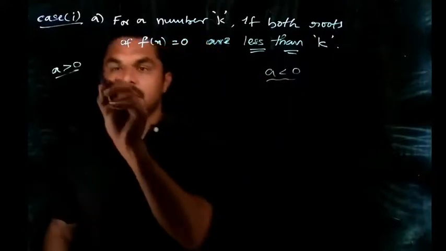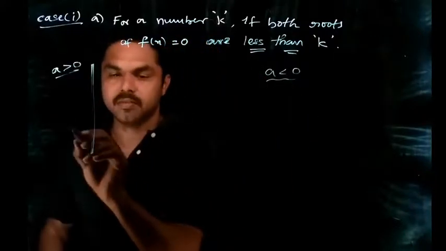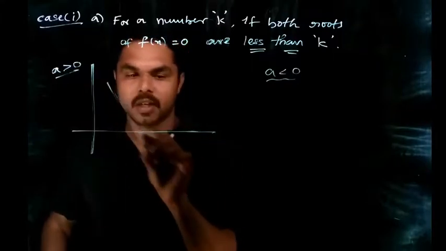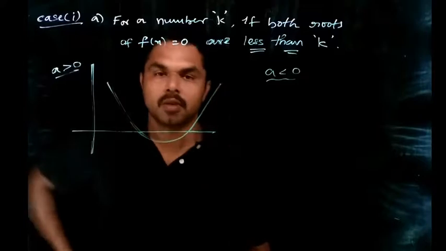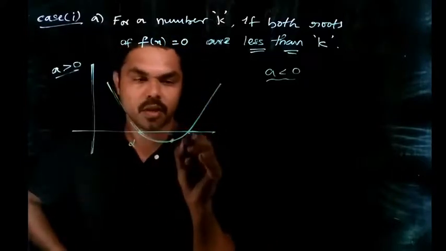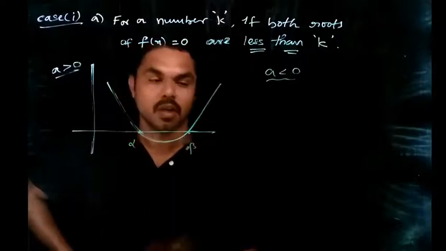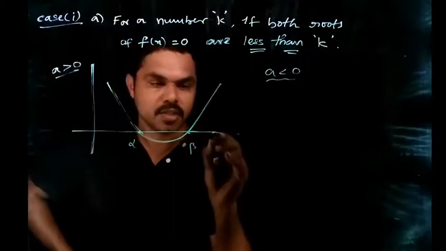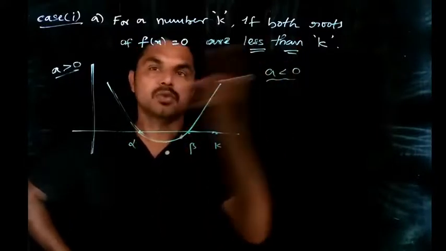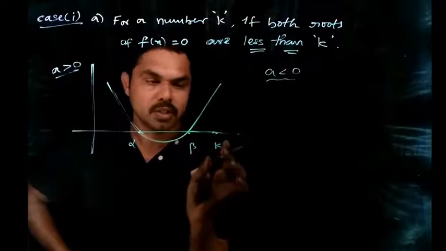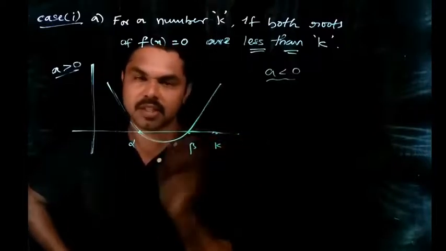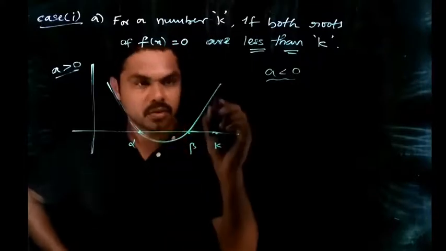Let's take a coordinate system. This will be the quadratic expression curve, and these 2 points are the roots alpha and beta. We have to take the constant k here because the statement says both roots are less than k.